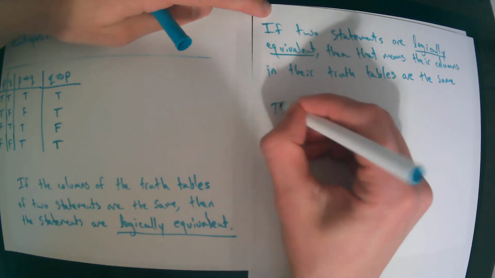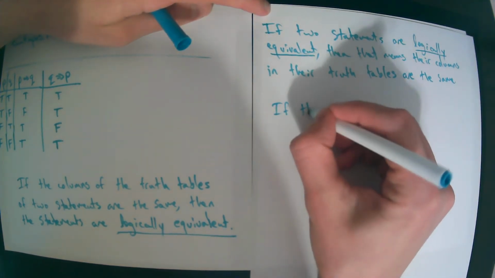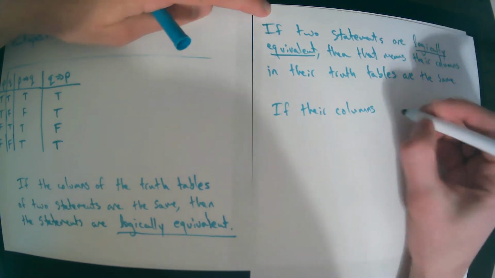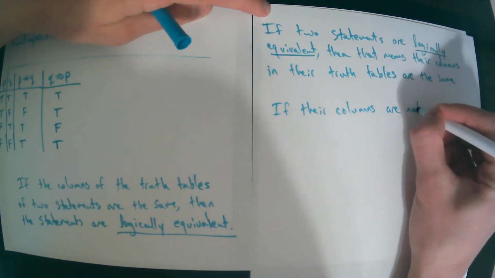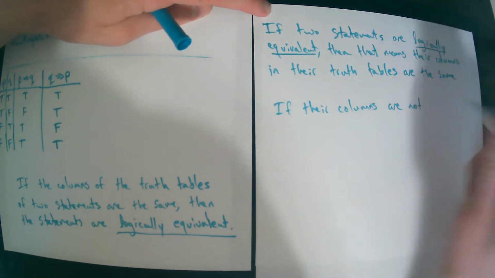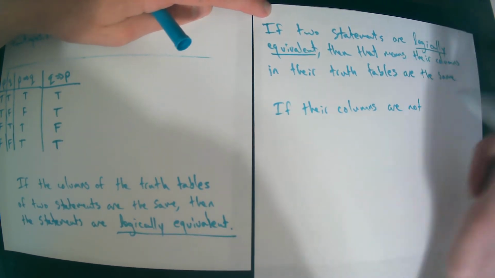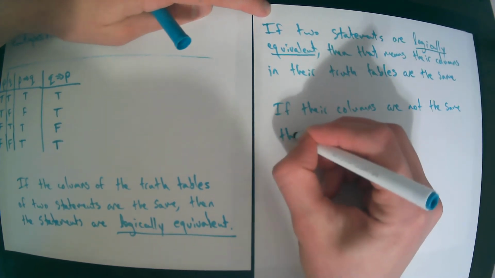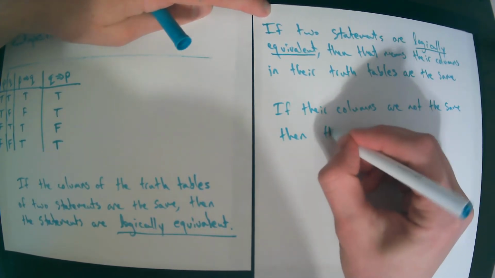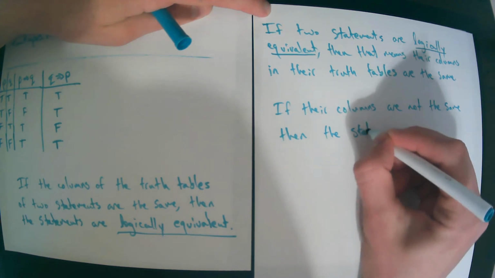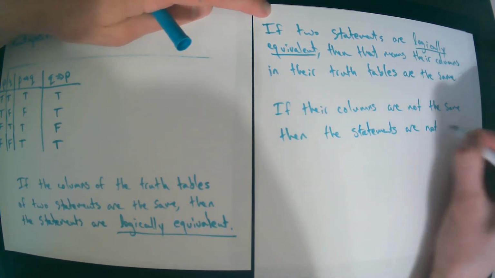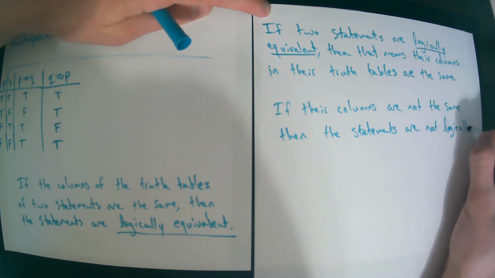Its contrapositive would be, if their columns are not the same, so not the second part, then the statements are not logically equivalent.